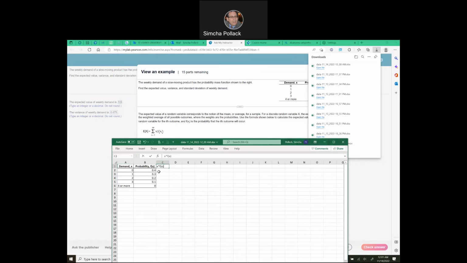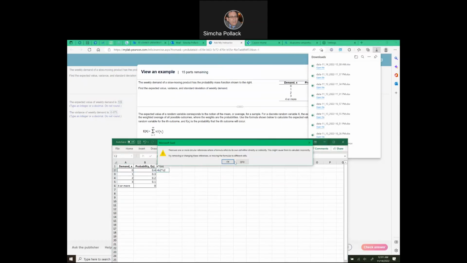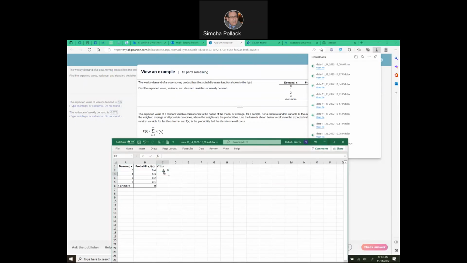It's done in Excel by putting an equal sign, B2 asterisk C2. I don't know why they don't like that. Oh, it's A2 times B2, sorry. A2 times B2. And this comes out to 0.